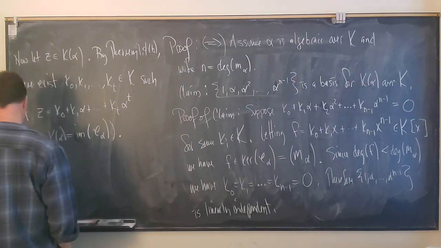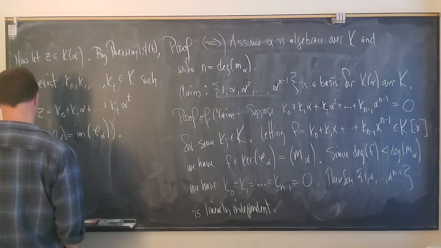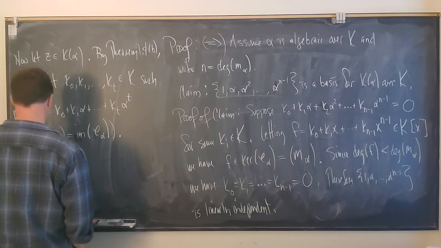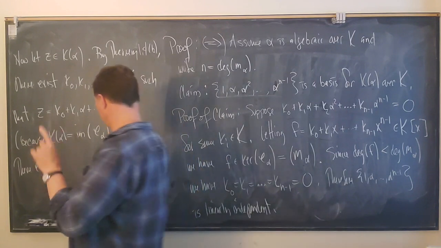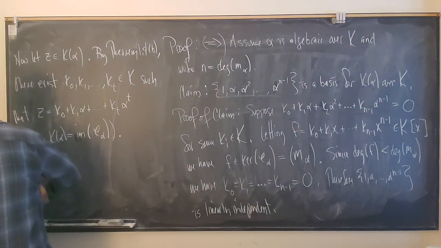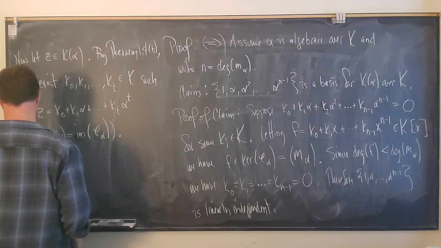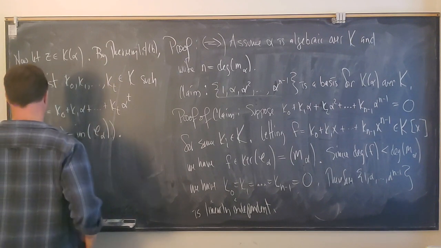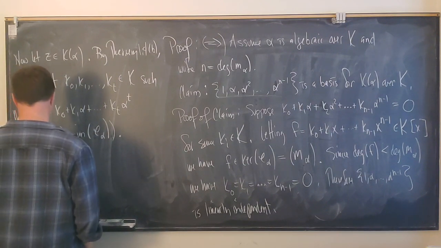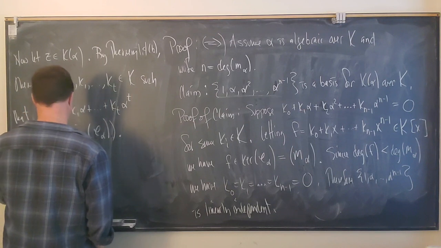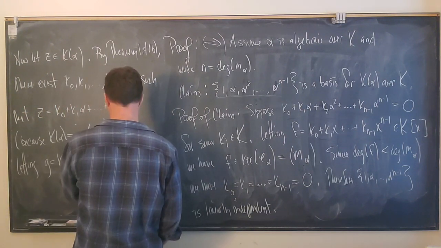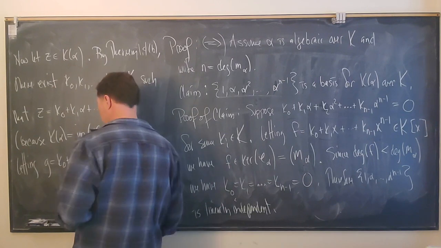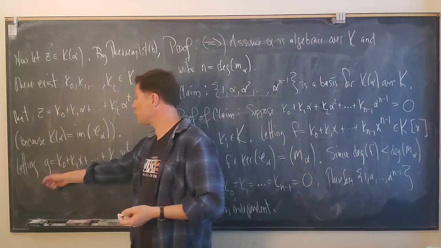What I'm going to do is run the division algorithm now. I need a polynomial, so letting g equal k0 plus k1 x plus dot dot dot plus k sub t x raised to the t, now I'm going to apply the division algorithm to g.